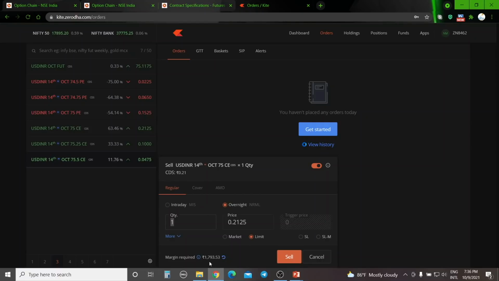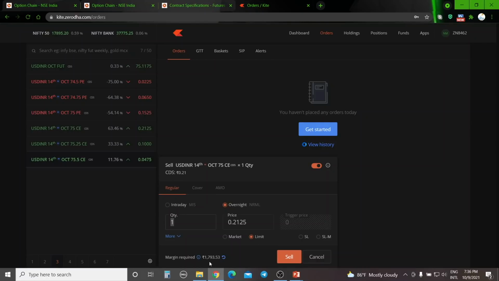It is 1793.53, just under 2000 rupees for a single lot. So people do not sell one lot. People sell multiples of 50s and 100s because the margin money required is very, very low.